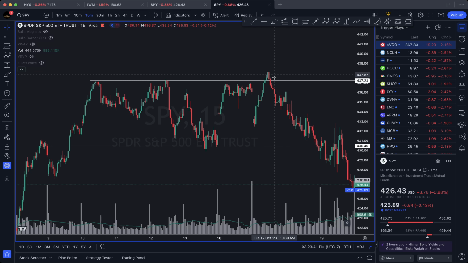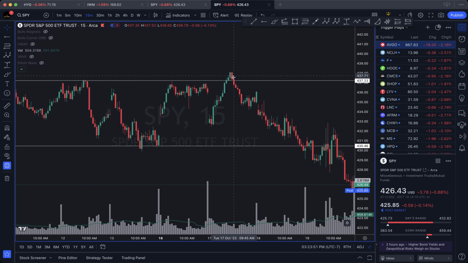A 50-minute candle closed above, and a lot of people went long on this candle, and even I went long. Not gonna lie, I did go long on this candle, and as soon as the next candle closed below, I was out of my calls at -12%, because I knew that if this candle is not reversing back up, I'm not getting back into the calls.